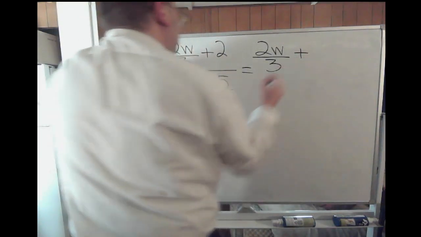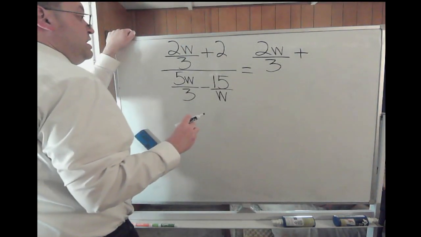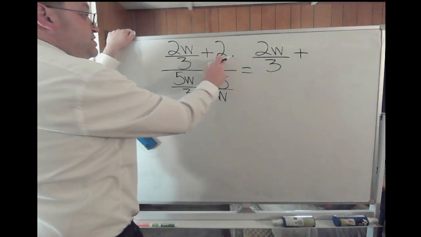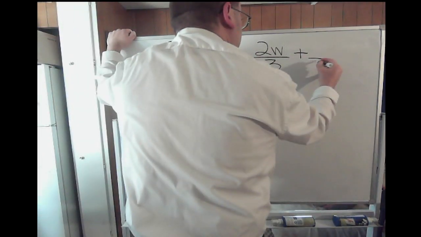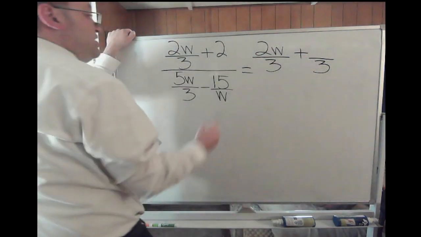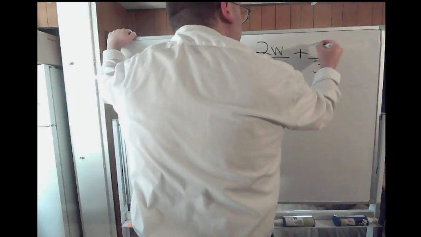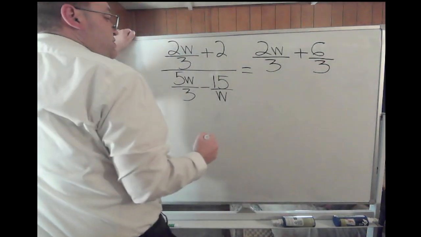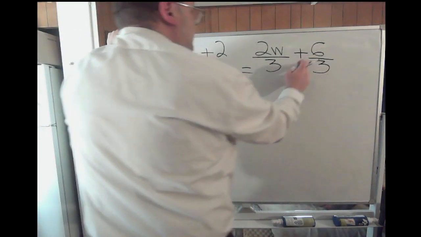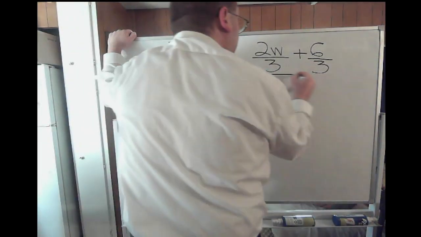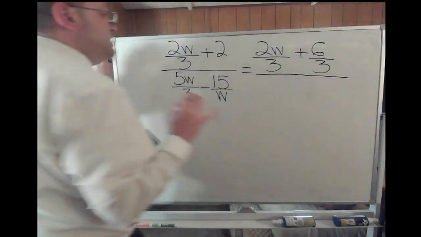Plus, that denominator of 1 on the 2, we can make into a 3 by multiplying by 3, but you have to do that to the numerator of 2, so you would get 6. So now you have 2w over 3 plus 6 over 3, all over the fraction in the denominator.